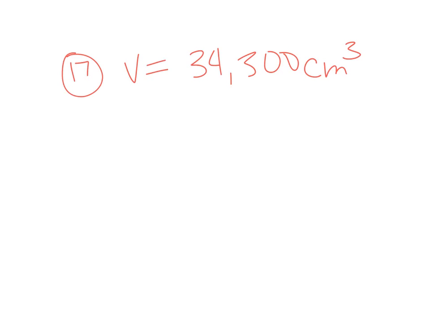And number 17. You can always pause the video if I'm going too quick. What is the volume of the cube in cubic meters? They give you the volume of the cube as 34,300 centimeters cubed. So we need to change it to meters cubed.